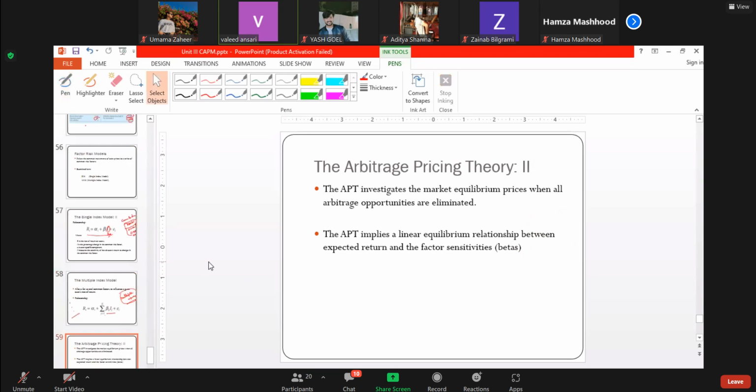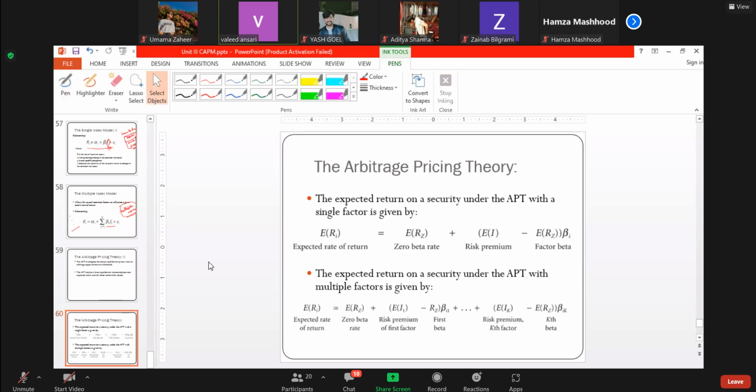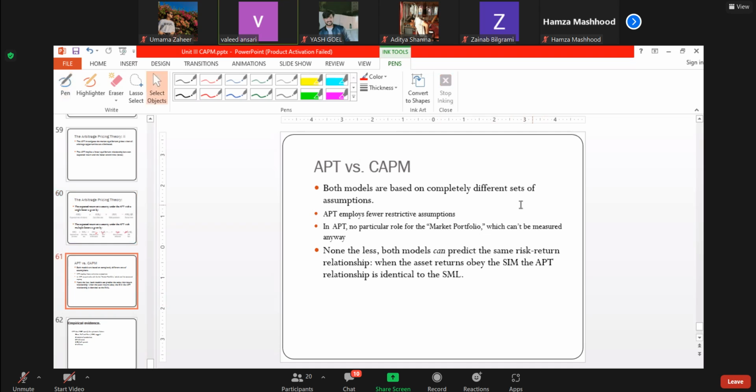And Stephen Ross has not provided what these factors are, but he says that there might be multiple factors, so the risk premium of factor 1, the risk premium of factor 2, and so on. So it is a multi-factor model, not one beta, but several betas.